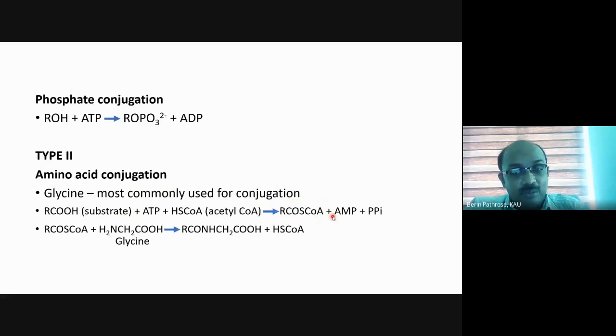Addition of this coenzyme A, as you all know, an energy containing compound, means the pesticide molecule will get activated and it will conjugate with glycine. Here the conjugating agent is glycine and it will lead to the formation of a hydrophilic compound. Clear? The type 2 conjugation reaction, amino acid conjugation.